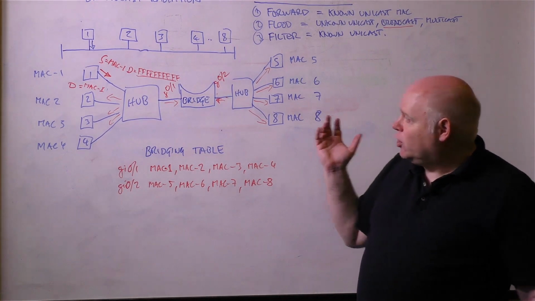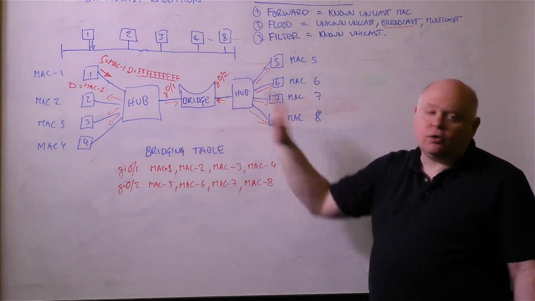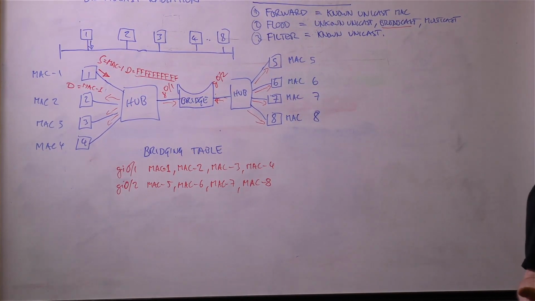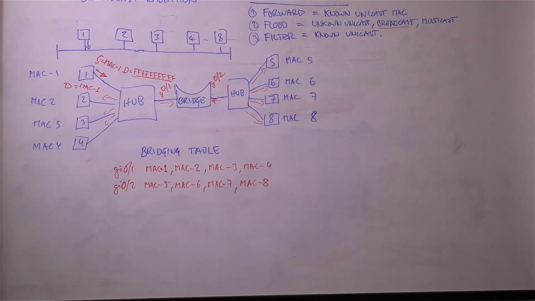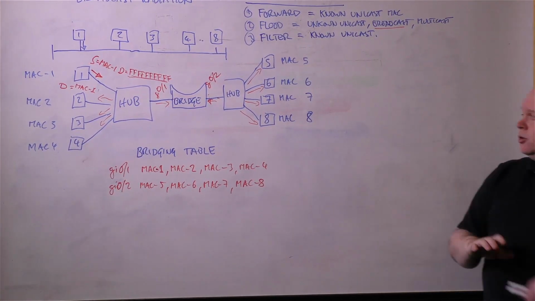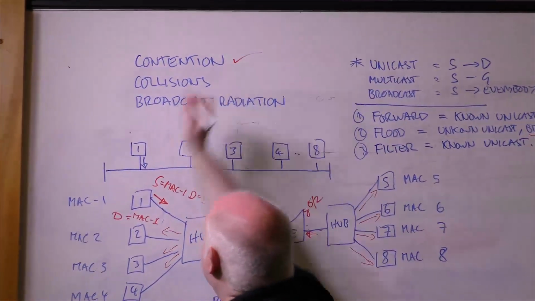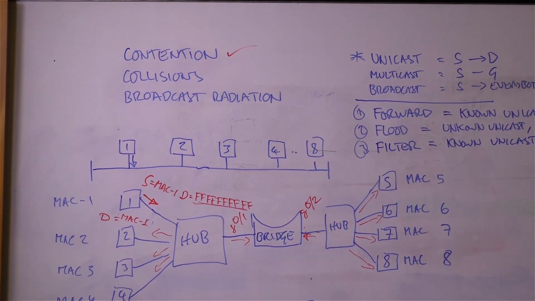But if we have broadcast frames, like ARPs, for example, they're going to go across anyway. If we have multicast frames, they're going to go across too. So switches do nothing to help us with excessive broadcast traffic. Okay? But they do help us with contention, because we've reduced the size of each segment.